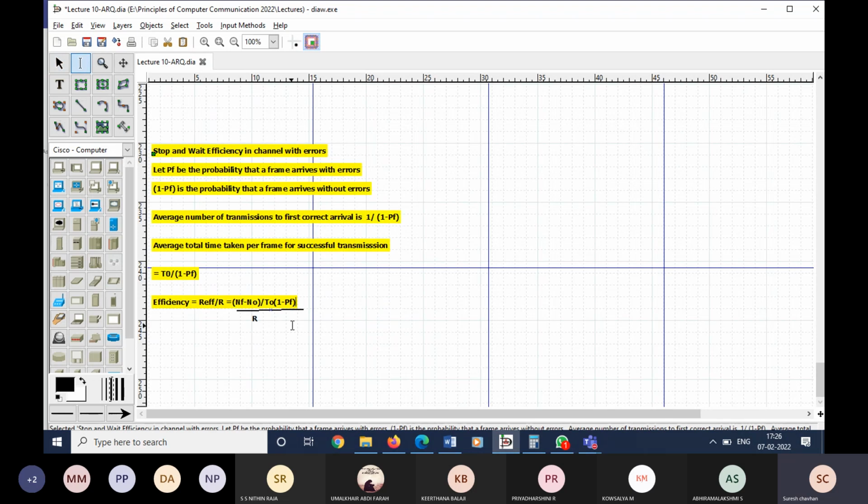So yeah, here I have made one mistake. T0 divided by 1 minus PF.